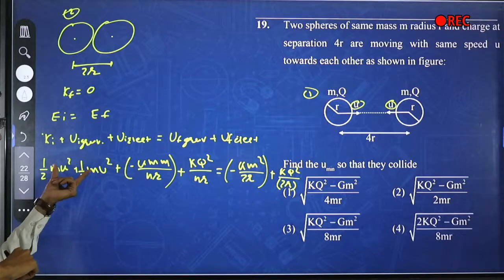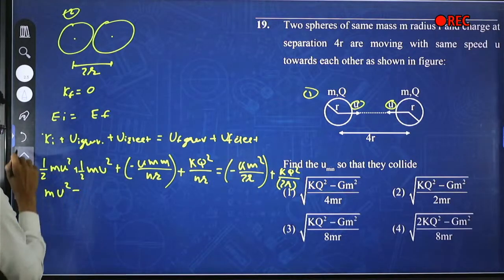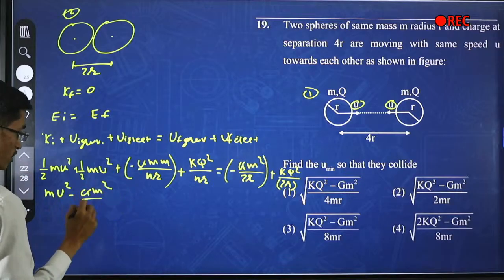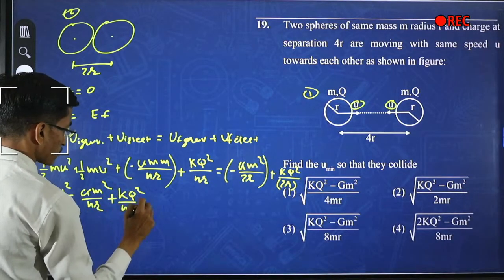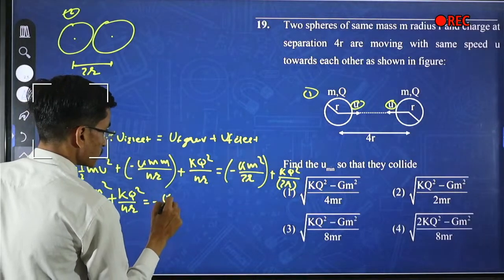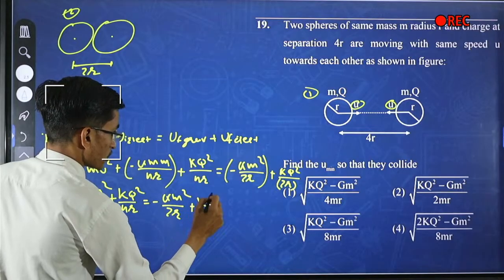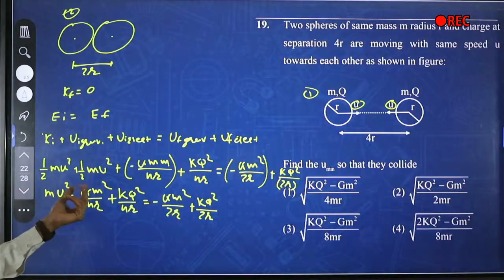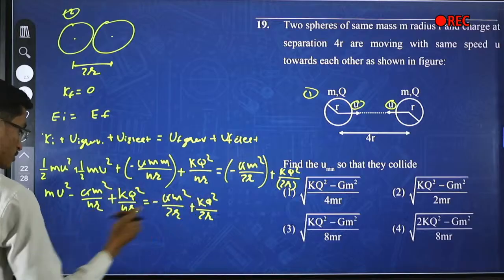So we have to calculate for u. From this condition we can write m u square minus G m square by 4r plus k q square by 4r equals minus G m square by 2r plus k q square by 2r. Let us transfer these two terms to the right side.